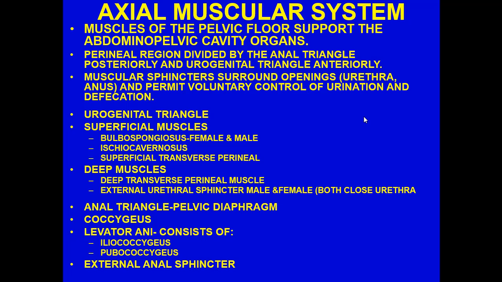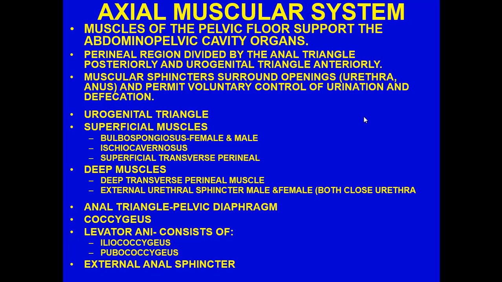Now, the urogenital triangle consists of superficial muscles: the bulbospongiosus, both male and female, the ischiocavernosus, and the superficial transverse perineal. Underneath that, the deep muscles are the deep transverse perineal muscle and the external urethral sphincter, male and female.